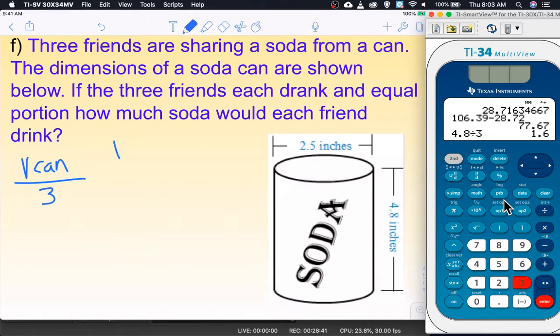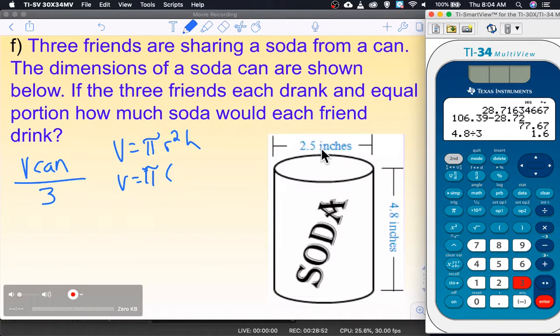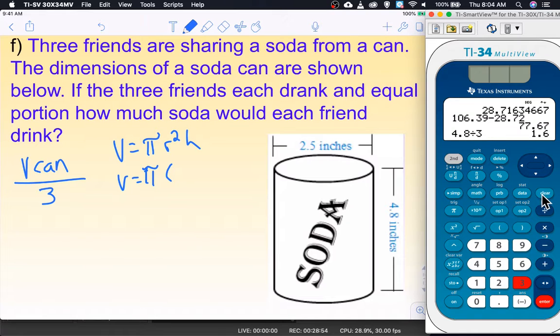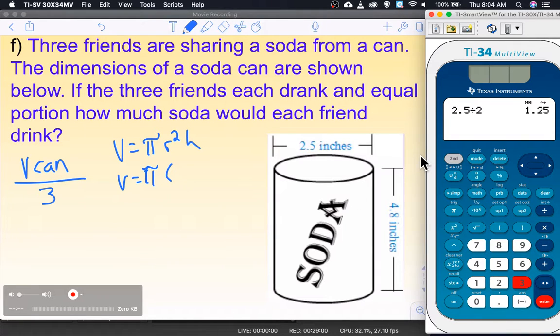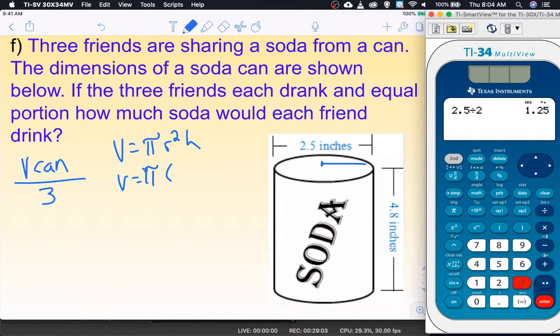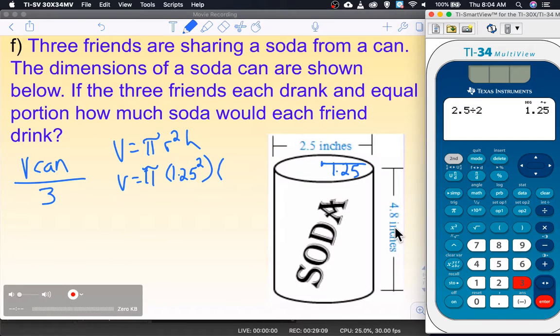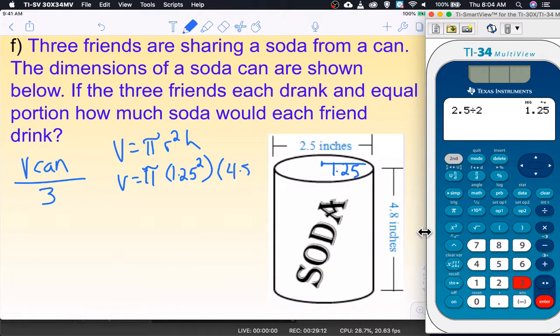So the volume of a can, a cylinder, is pi r squared h. That's pi. My radius is not 2.5 inches. My radius would be 2.5 divided by 2. This is a diameter. I want halfway of the circle, which is 1.25. And my height is 4.8 inches.